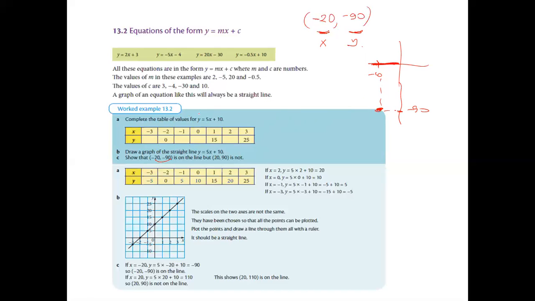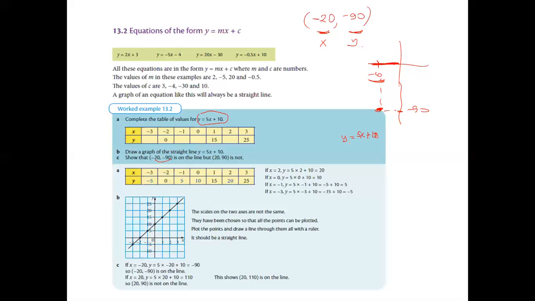Of course, we will use our equation. So if y is equal to 5x plus 10, when you put minus 20 in place of x, you will get minus 90. If your answer is correct, the values are on the line, but if they are not equal to each other, it is not on the line, okay?